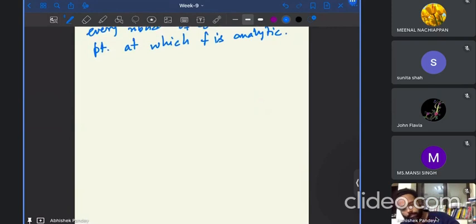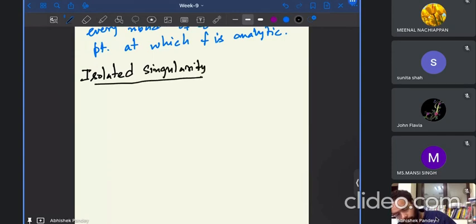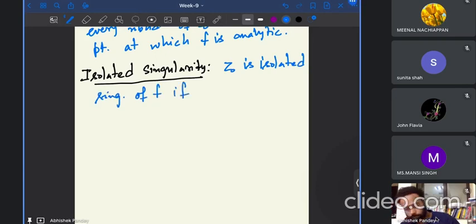One is isolated and one is non-isolated. So z naught is an isolated singularity of f if there exists a neighborhood of z naught in which f is analytic throughout.